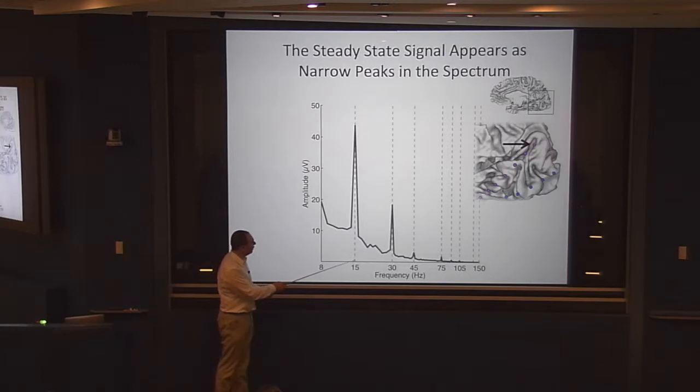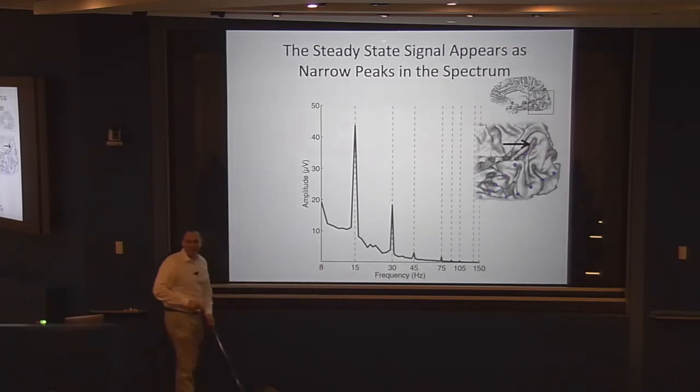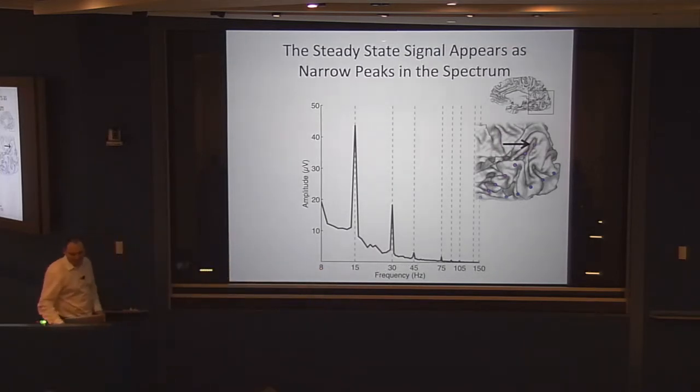At 15 hertz, which is the stimulus frequency, we get a really big response. And we also get a big response at 30 hertz and higher harmonics. I've removed the line noise here, 60 hertz and 120 hertz, with a very cheap hack, just interpolating right through it.